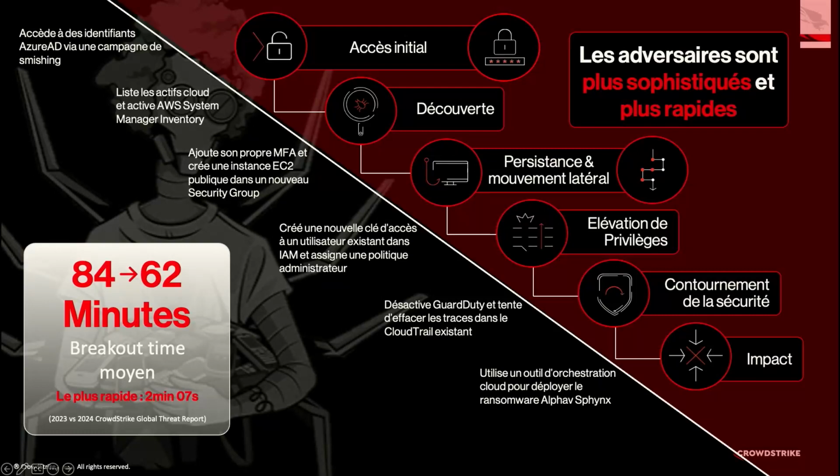Because usually the first host that is compromised is not the one that has the most value for the attacker. We have seen the breakout time going from 84 minutes to 62 minutes. So it's going down.